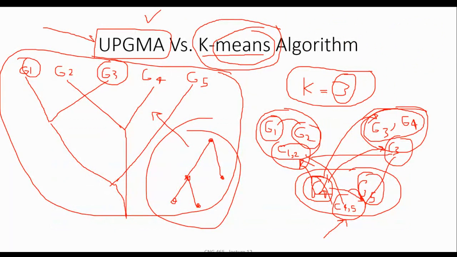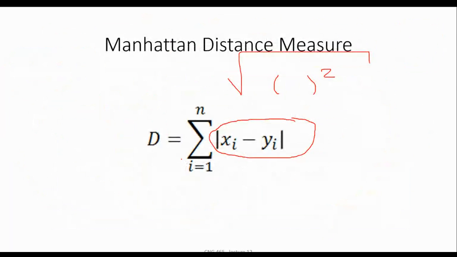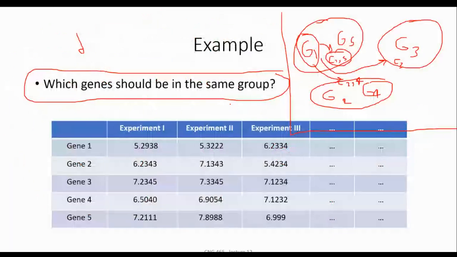So you should use UPGMA, and in the question we should specify that as well. And when I talk about distance measurement, we are talking about these ones like, shall we use Manhattan, shall we use Euclidean, shall we use cosine? So it should be mentioned. Otherwise you can use any of them that you like.